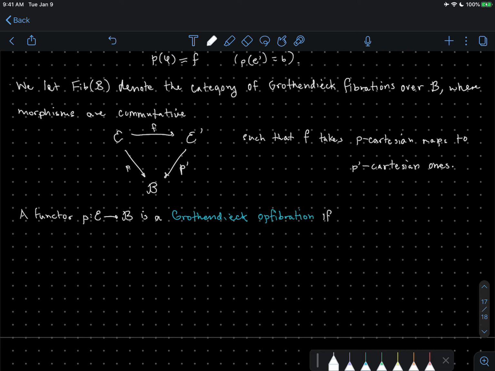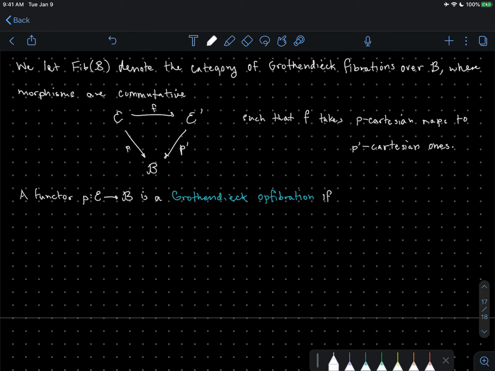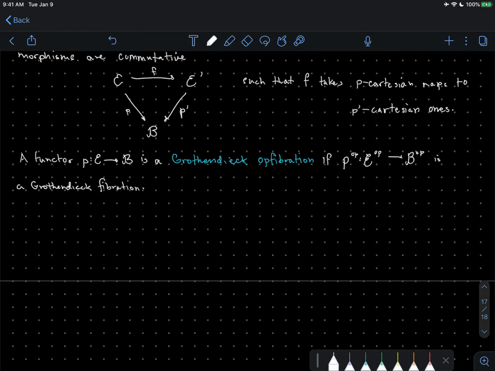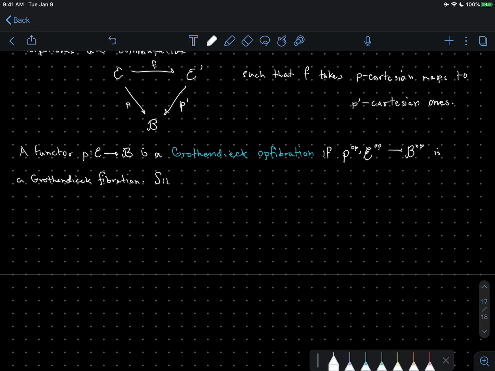I deign not to change their view. Okay, so a functor P is a Grothendieck op fibration if the functor from E op to B op is a Grothendieck fibration. And there's a similar category called OpFib over B.